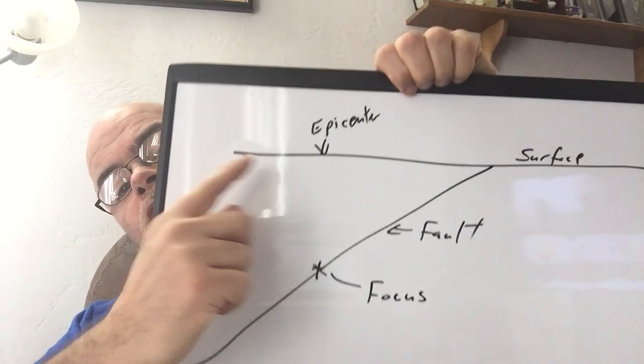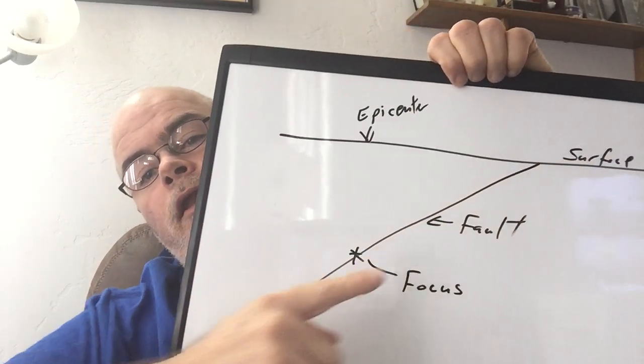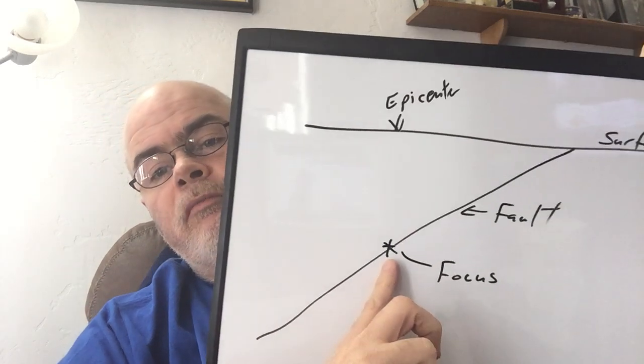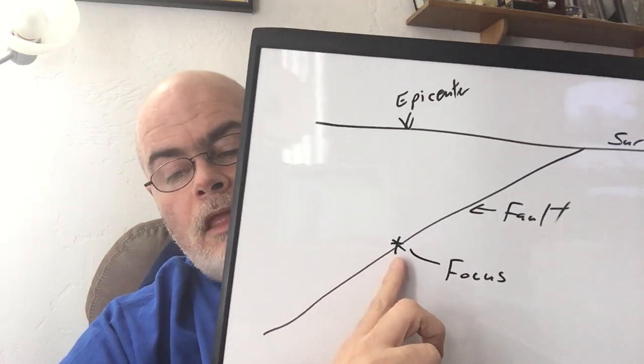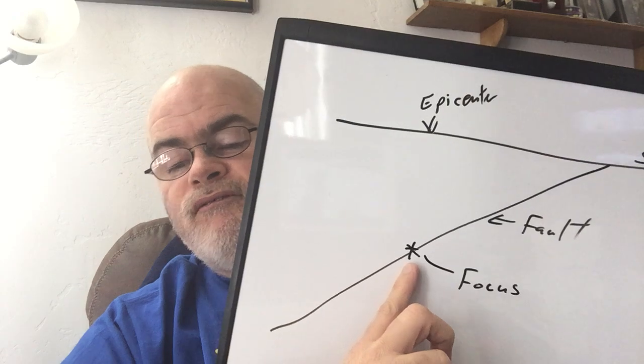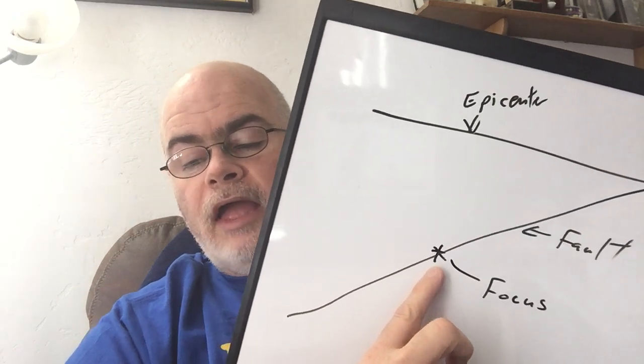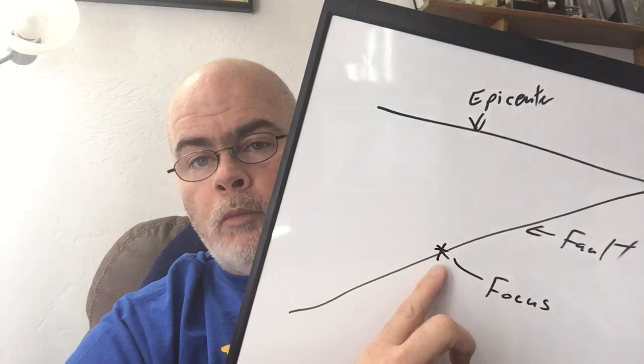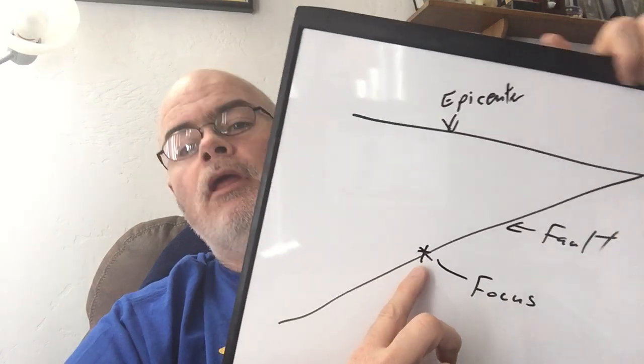What we end up with is we have the surface here, we have a fault line here, and we're going to cause a rupture of the fault system at this point here. This is what we call the focus, the point where the rupture actually originates or occurs. This is where the earthquake waves actually originate.